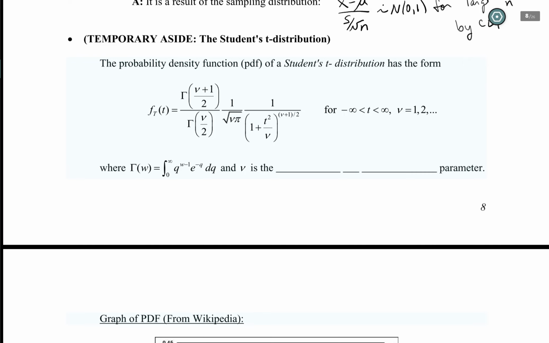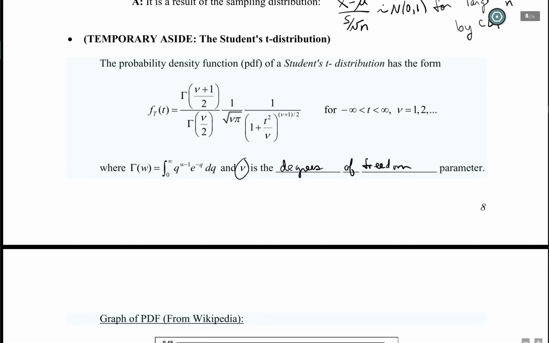But I just want to focus in on one thing about this distribution called the degrees of freedom. That's a parameter within this t distribution, and we're using this notation.